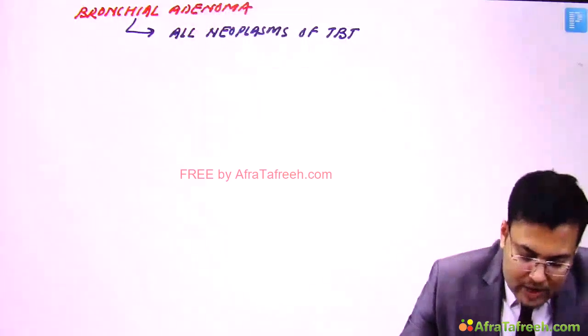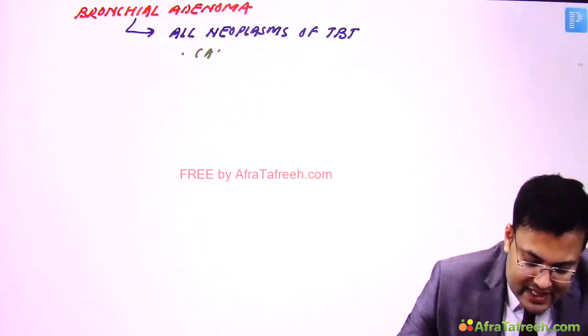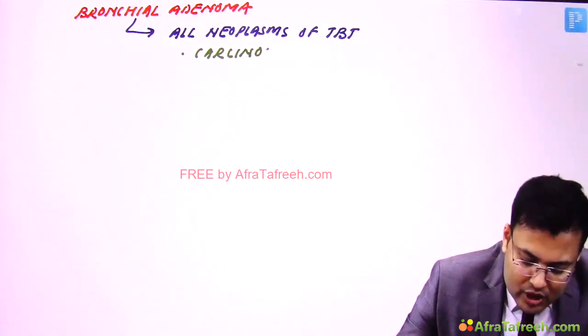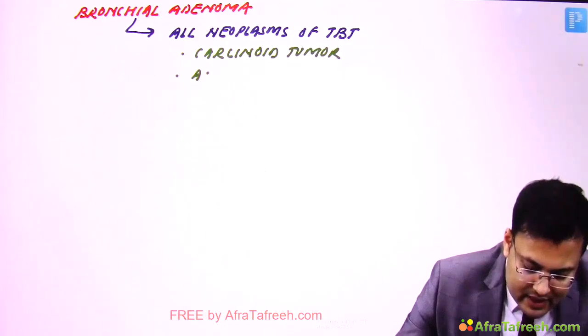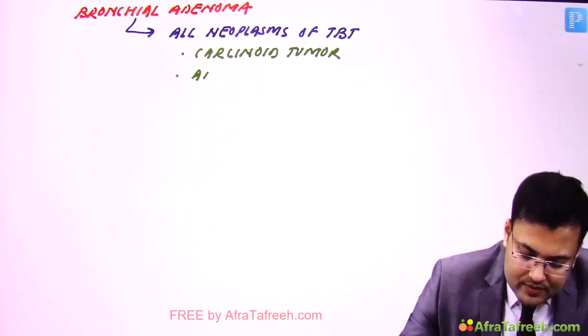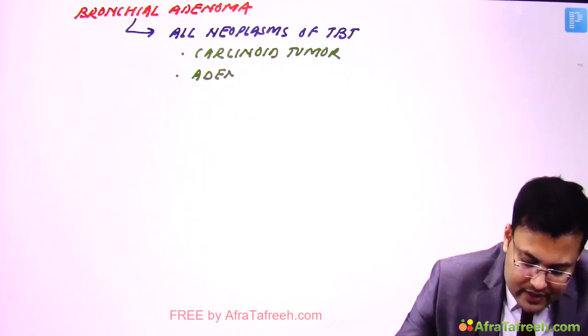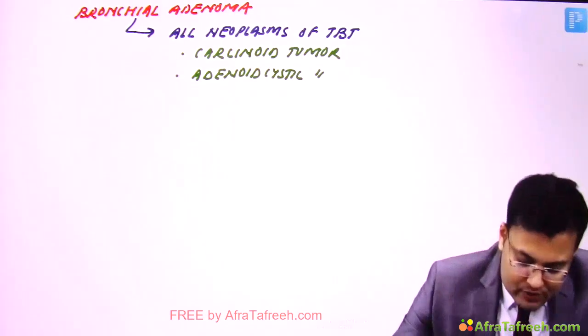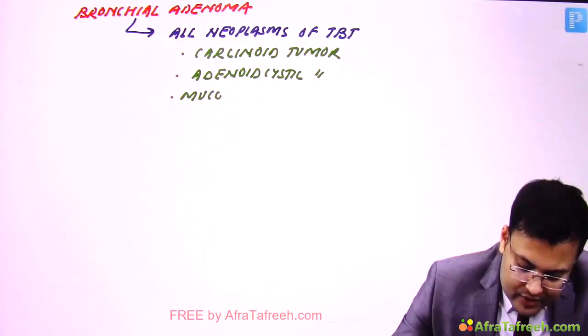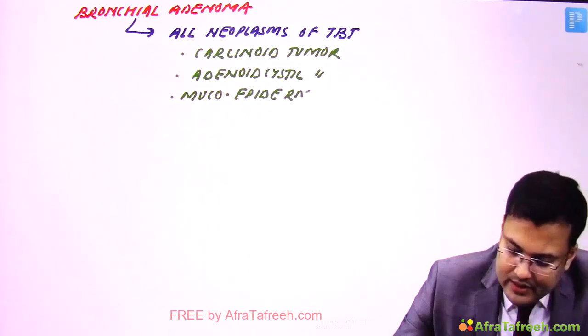So the most common is carcinoid tumor. In this category, the most common is carcinoid tumor. What are the other tumors? There is adenoid cystic tumors, and there is mucoepidermoid tumors. Clear?